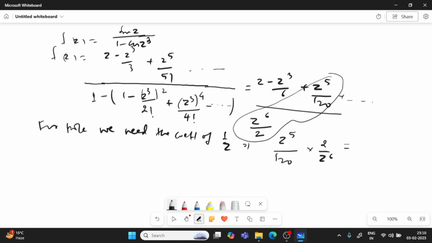So it will be cancelled out and result in 1 upon 60 z. So the coefficient of 1 by z is equal to 1 upon 60. So it is our required residue.